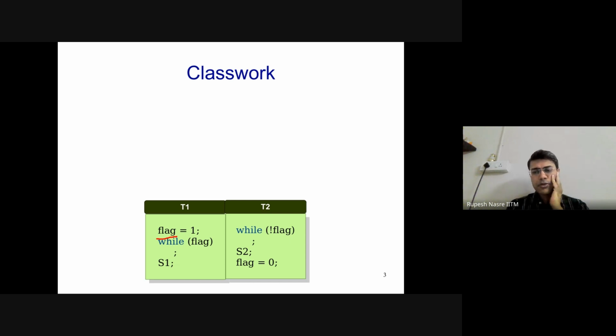For example, you might read the value which is for T1. Sure. So irrespective of whether the cache coherence is implemented correctly or not, in this particular program, there won't be any mutual exclusion violation. Right?